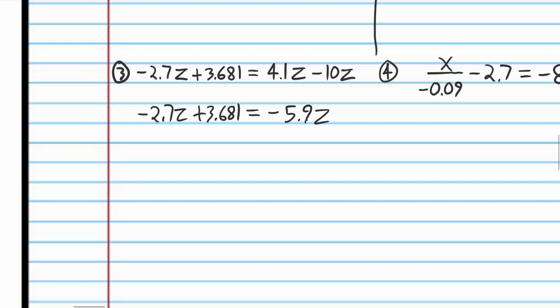And now we're going to add something to both sides of the equation, so that means we have to rewrite. Again, whenever you perform an operation on both sides of the equation, you got to rewrite the equation. So we're going to add 2.7z to both sides of the equation.